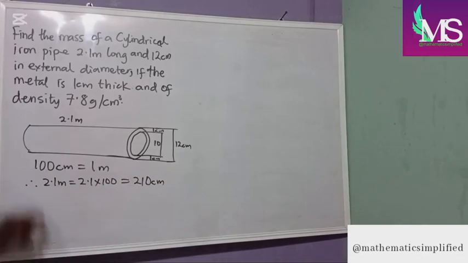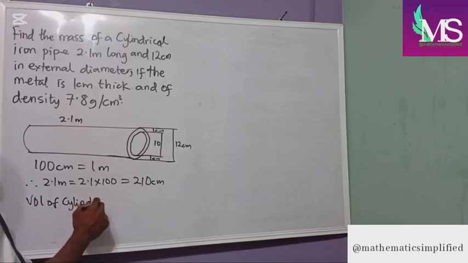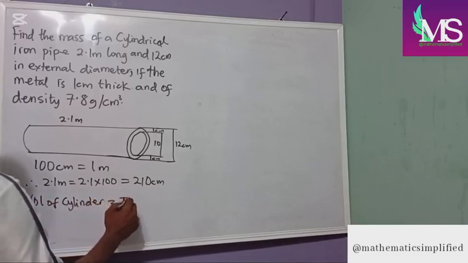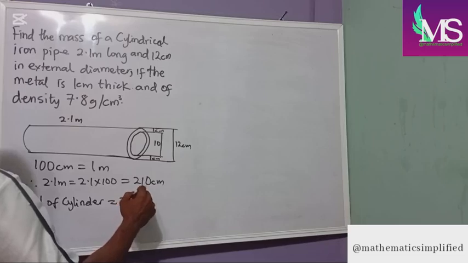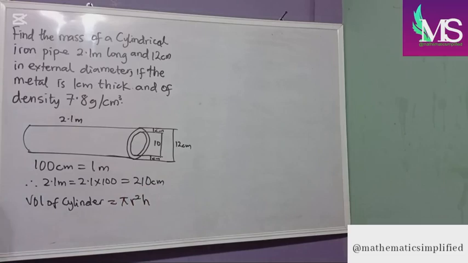Okay, now knowing that our length is 210 centimeter, let's go ahead and calculate the volume of the cylinder. Now we know that volume of cylinder equals pi r squared h. Okay, that's the volume of cylinder.